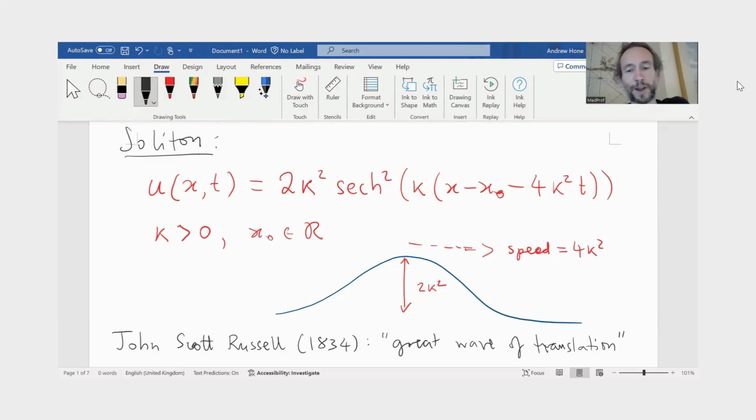But what he'd actually observed was one of these solitons, and reproduced their behavior in his own water tank. And he actually made measurements and also found this relationship between the speed and the amplitude. We have essentially this shape wave, this profile, sech-squared.